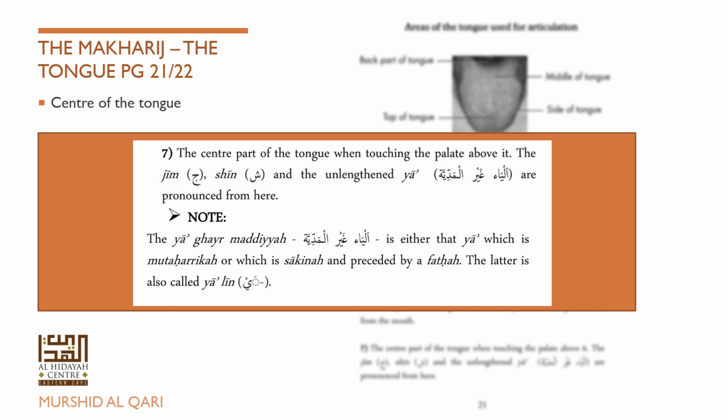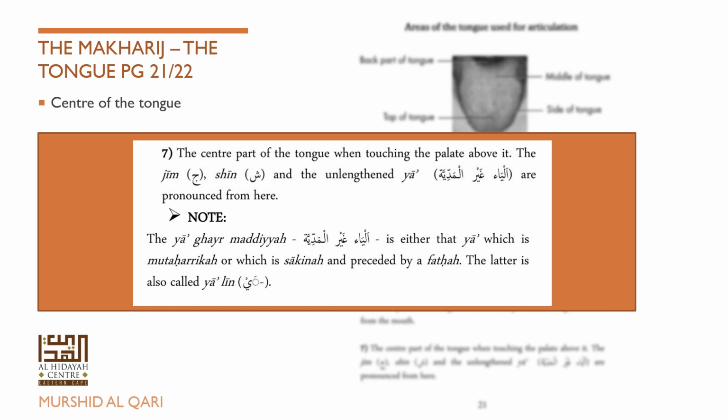So the ya mutaharrika, meaning any ya which has a fatha, kasra, or dhamma on it, a ya sakina preceded by a fatha is, as I mentioned here, the latter is also called the ya leen. So this is a ya sakina preceded by fatha, it is called ya leen, meaning ay.